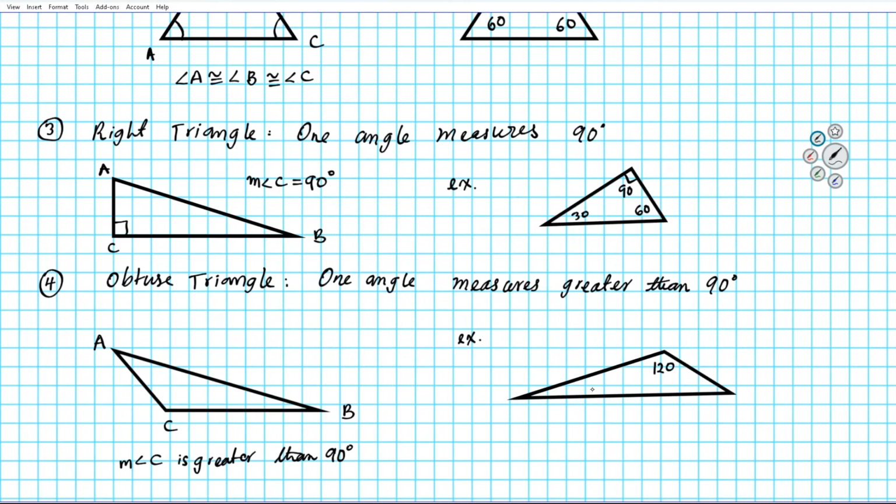That automatically makes it an obtuse triangle. So let's say this one right here is 20 degrees. So we have 140, so it's 40 degrees left to satisfy the triangle angle sum theorem of the sum of angles being 180. Okay, so this is an example of an obtuse triangle because one of the angles is greater than 90.